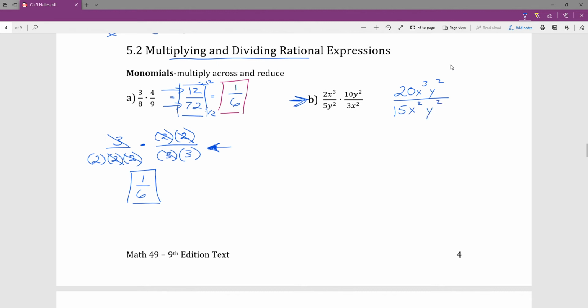So now I could reduce this either with my greatest common factoring idea or with exponent laws or with what exponents really mean. Regardless, not even going to show my steps on this one, you should get to a 4x over 3. If you were someone who reached in and reduced, you might have got to this answer as well. And so I think I was using red when I was reaching in and reducing. So you could reach in and reduce if you were of that mind.